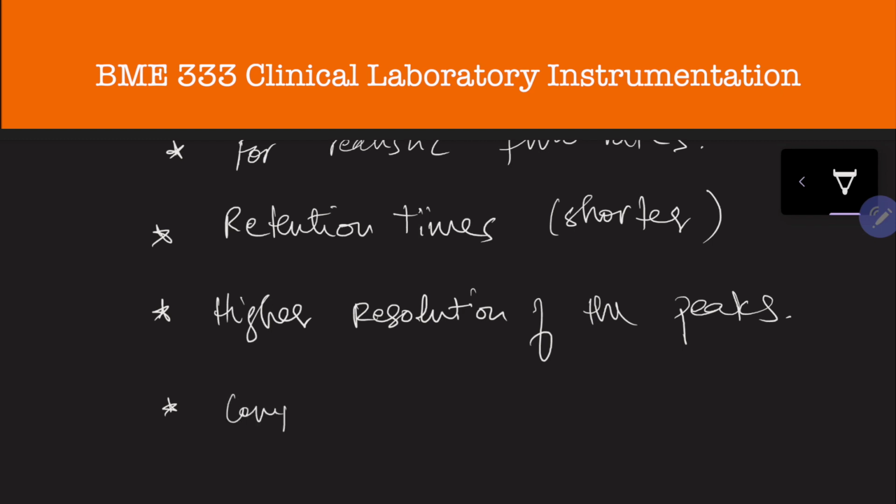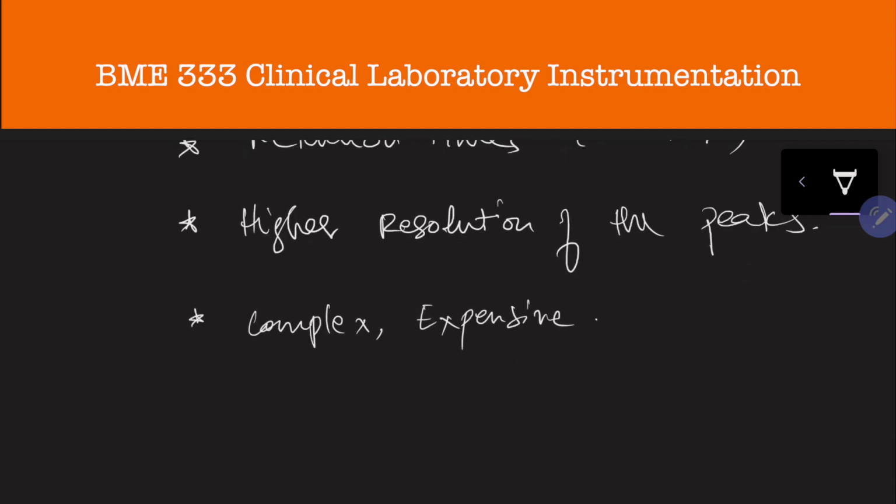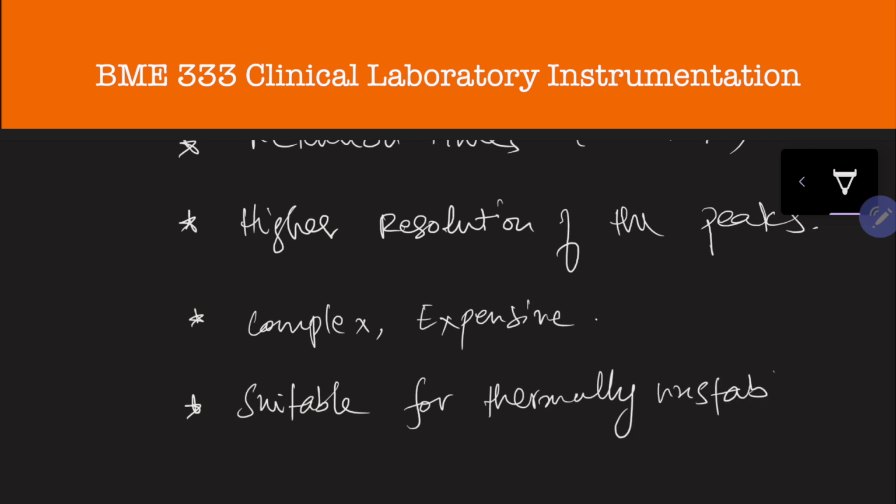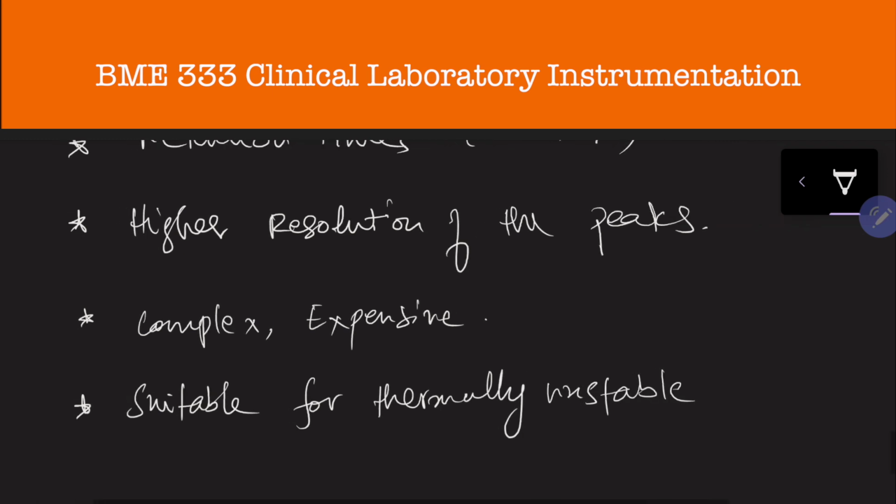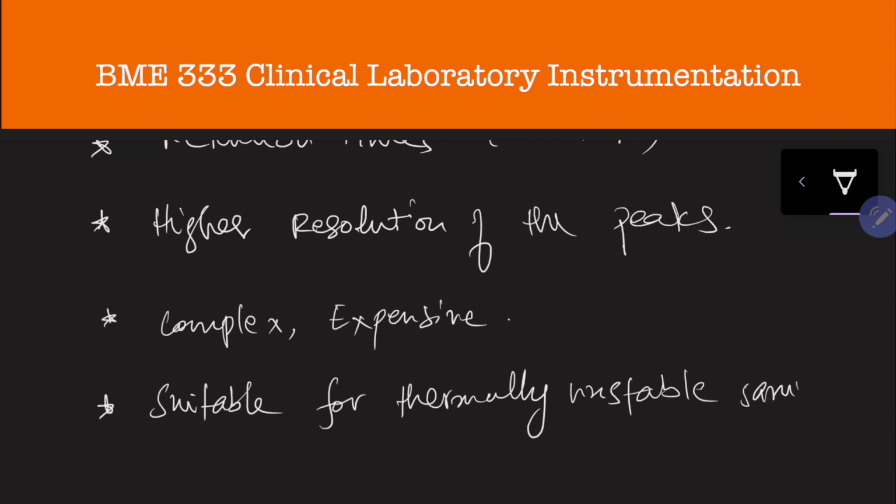You wouldn't want to put a thermally unstable sample in a gas chromatography chamber. As you saw, there was a heat oven there as well. So it varies basically on the nature of the sample, what you're trying to separate, and the amount and the resolution that you would need to successfully separate it. So based on different nature of the samples, you choose your technique accordingly.